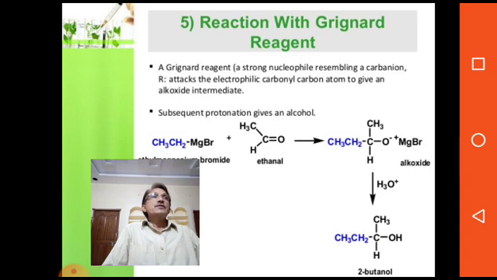Reactions with derivatives of ammonia, means hydroxylamine, hydrazine, phenylhydrazine, 2,4-dinitrophenylhydrazine, all those reactions in which aldehydes react with ammonia and ammonia derivatives are possible with ketones. So it shows that resemblance is there between aldehydes and ketones.